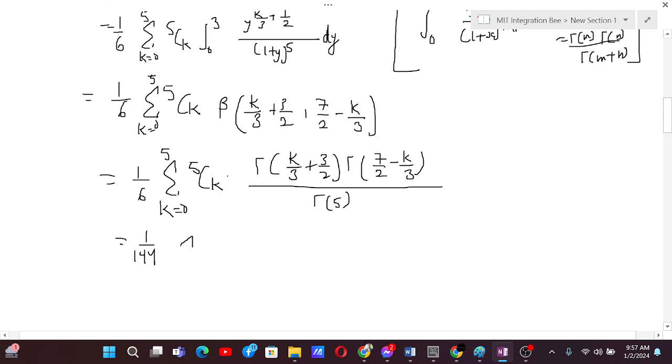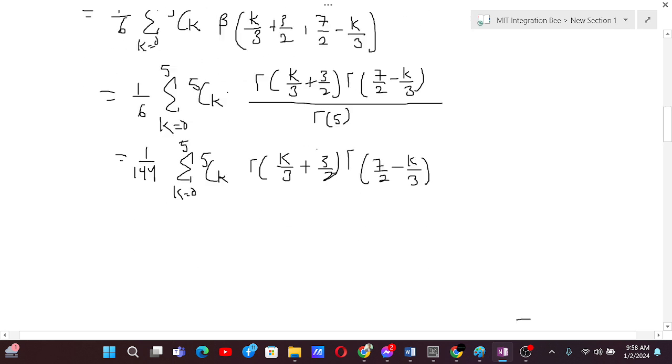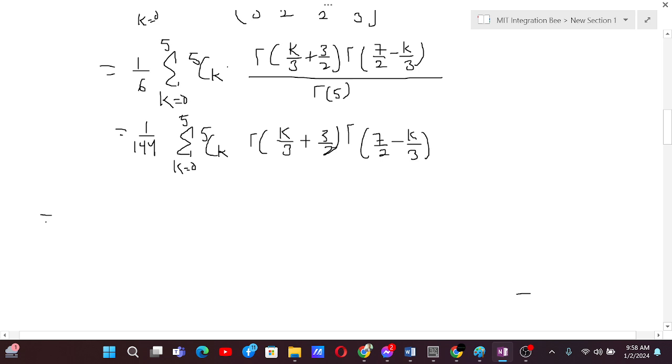And then sum from k equals 0 to 5, 5 c k, gamma of k by 3 plus 3 by 2, gamma of 7 by 2 minus k by 3. Now it's just the calculator stuff, and you can just press this in a calculator and evaluate it, but let's try to do it here itself.